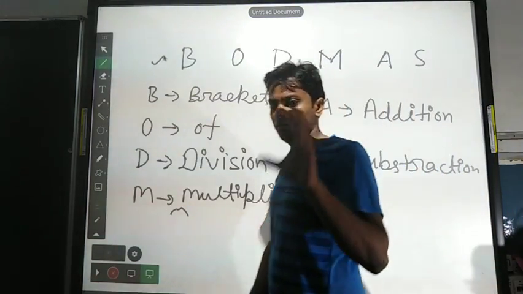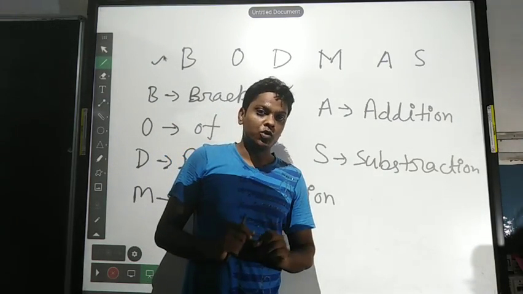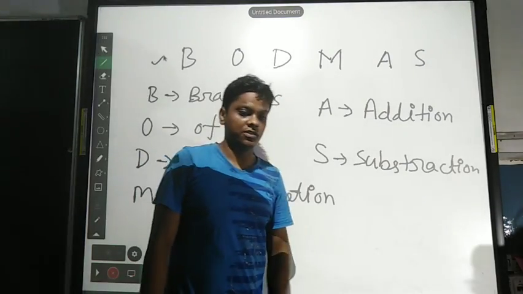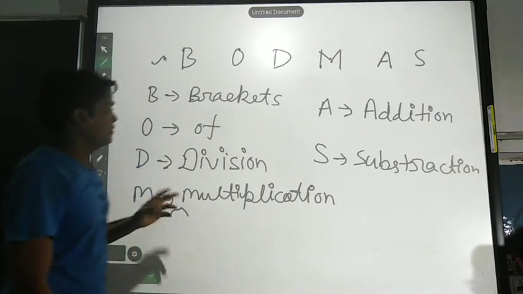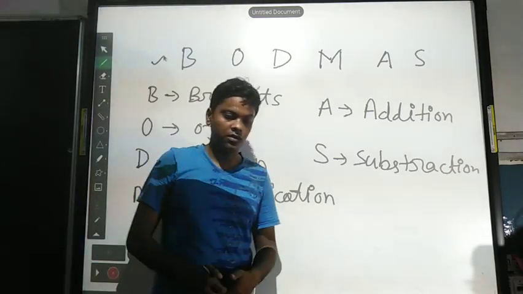If we miss this order, then we will get a wrong conclusion for that particular question. So this one is BODMAS. Now we will understand this whole BODMAS one by one.